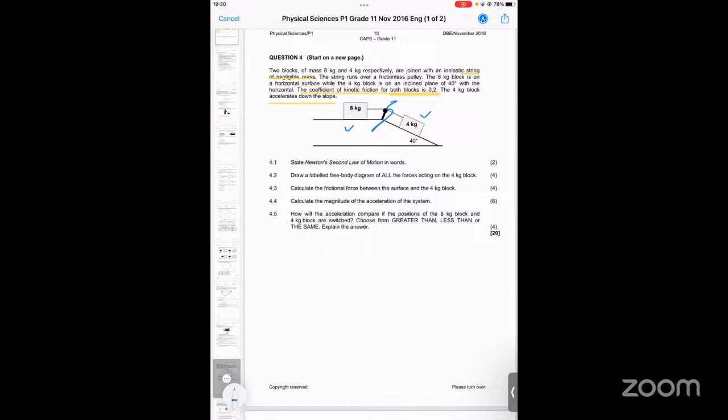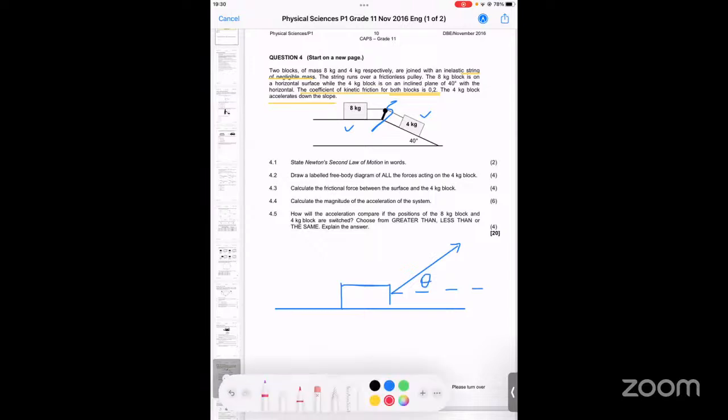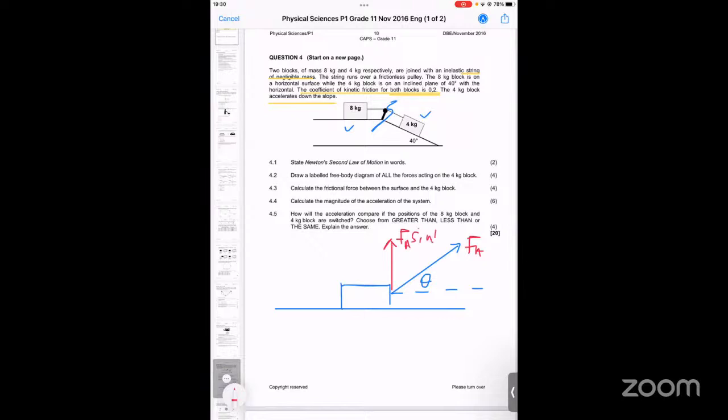Maybe let me explain it to you this way, Didintle. If we have an object like that, and we have a force in that direction acting at an angle. You remember I said this, we are going to have the component of that force applied, which is going to be force applied sine of an angle.